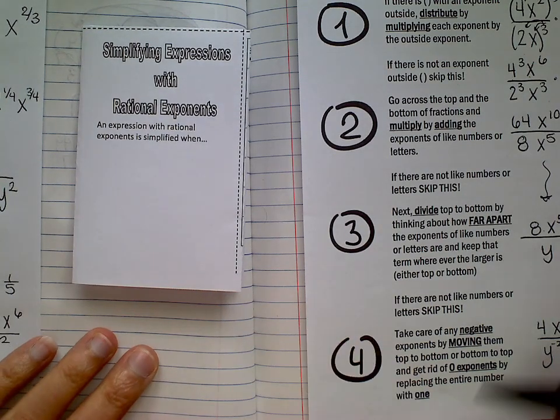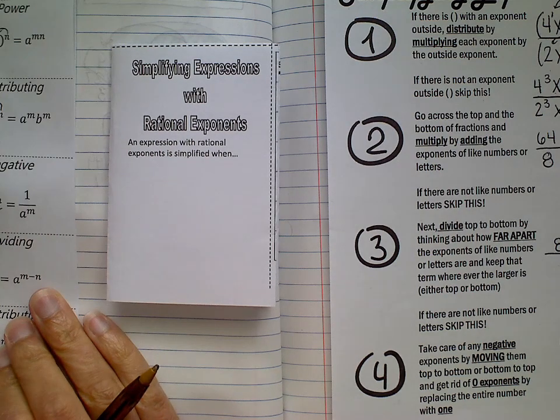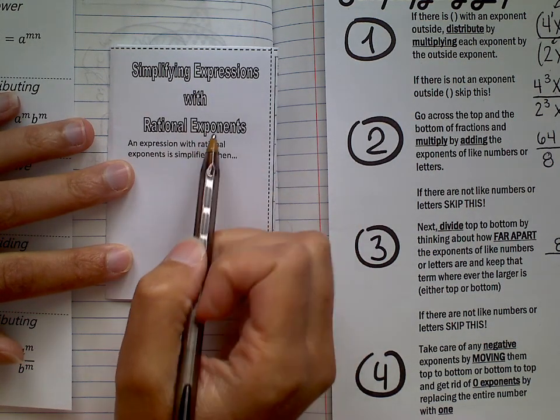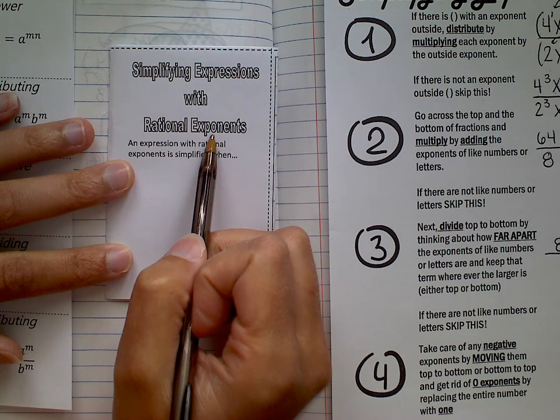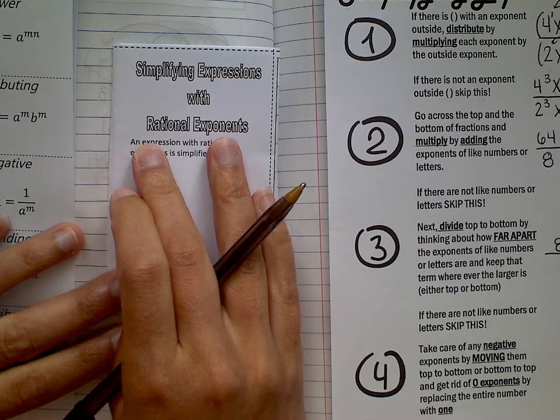Okay, so let's try some examples in here together. Simplifying expressions with rational exponents. We're simplifying math that has exponents, all the stuff that we've been talking about. However, my exponents now are going to be fractional.